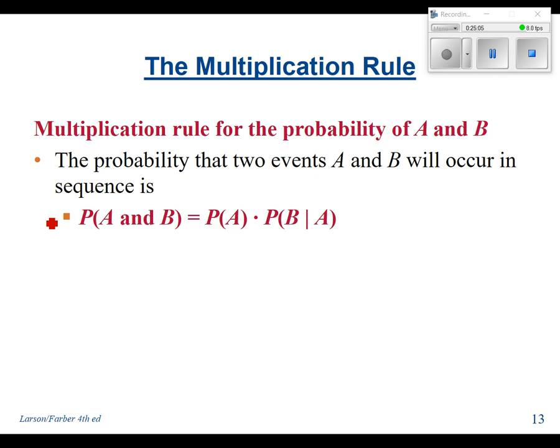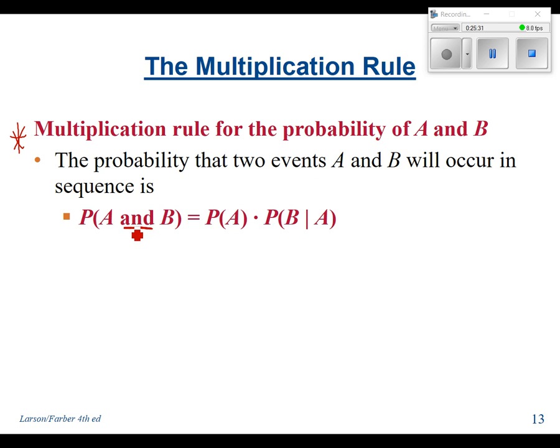Multiplication rule for probability, and this one's really important. Notice here, when we start off, it's got the word "and" in it.